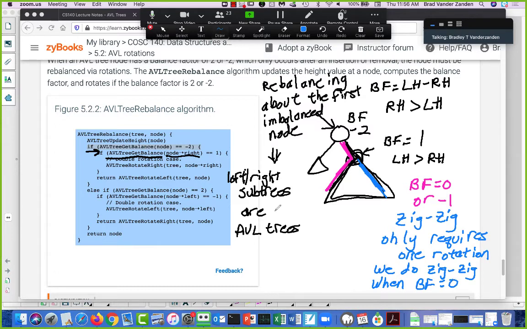So if the balance factor is 1, we have a zigzag case. So we need to do a double rotate. That's what the comment here says, double rotation.